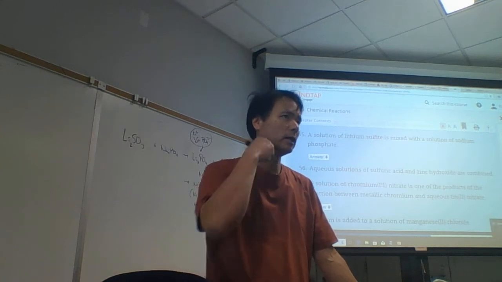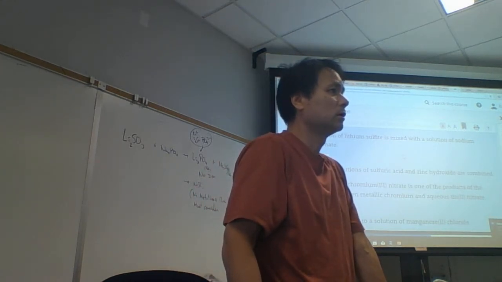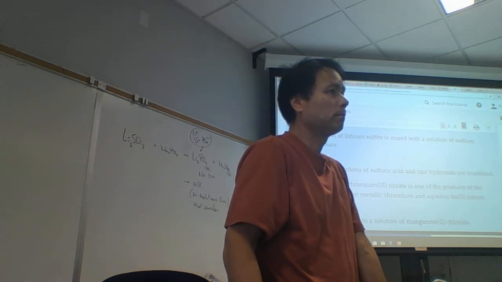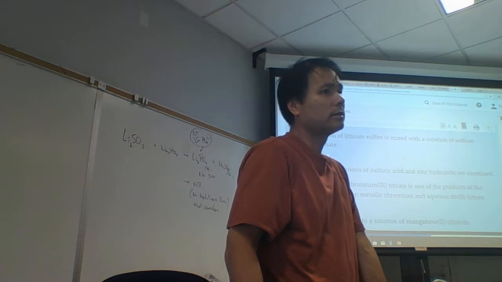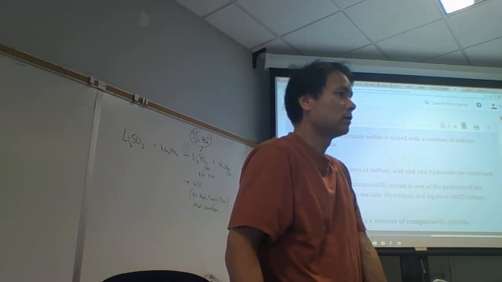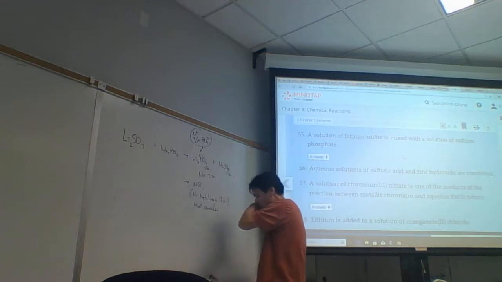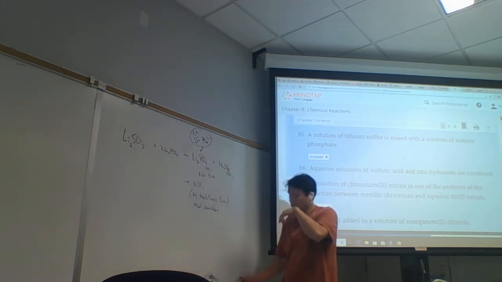Well, this is comprehensive in a broad scheme. How many different types of reactions are there? Metathesis, acid base, and redox. And so we classify those as the three basic types of reactions based on driving force.